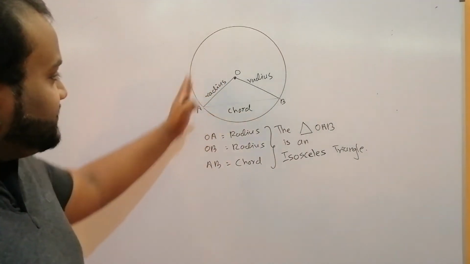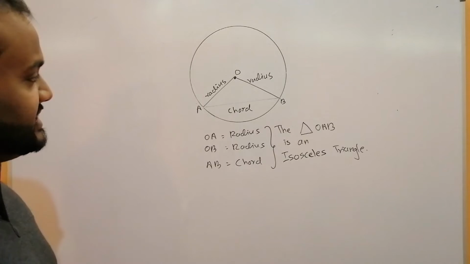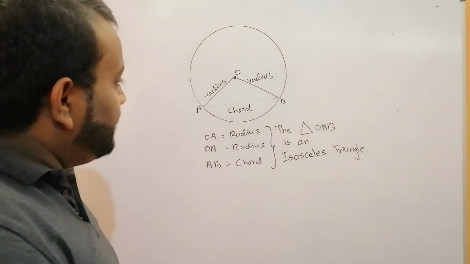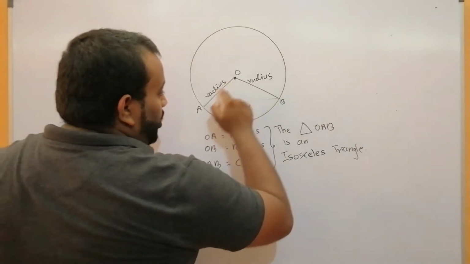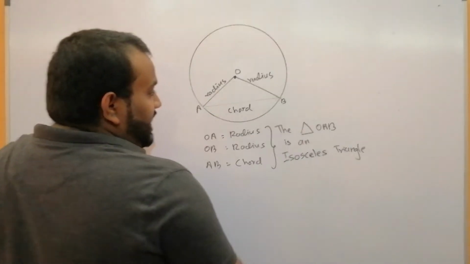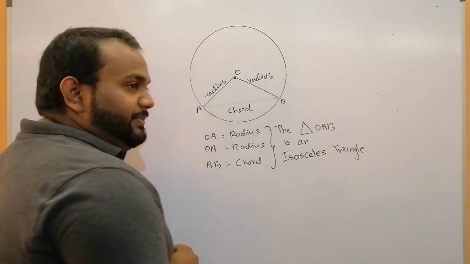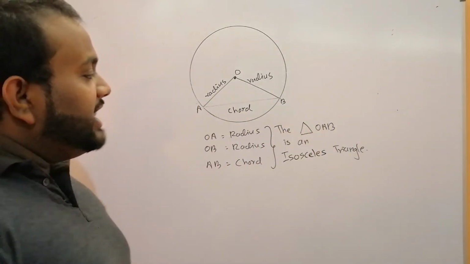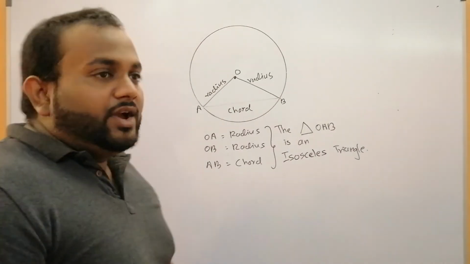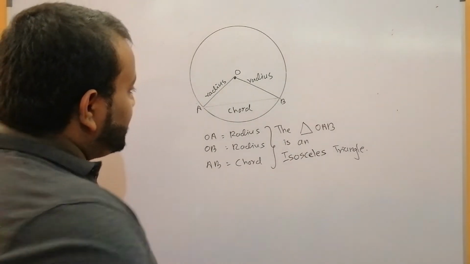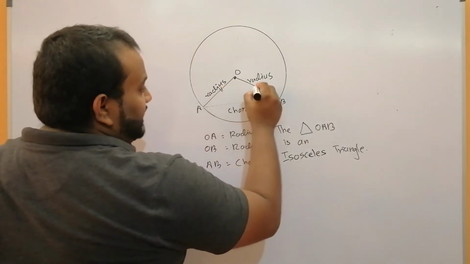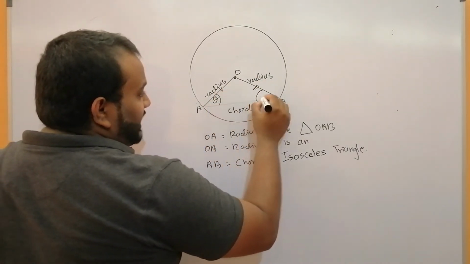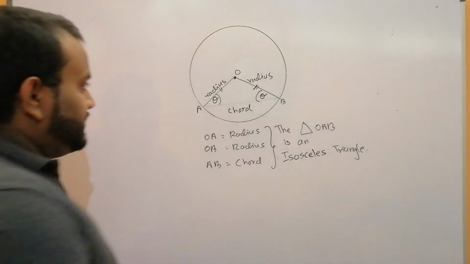Right. Now these three straight lines join to form a triangle. What kind of a triangle do we have now? Yes, OA is equal to OB and we have the line AB, which makes the triangle OAB an isosceles triangle. What is an isosceles triangle? These two lengths are equal and the angles produced by them are equal.